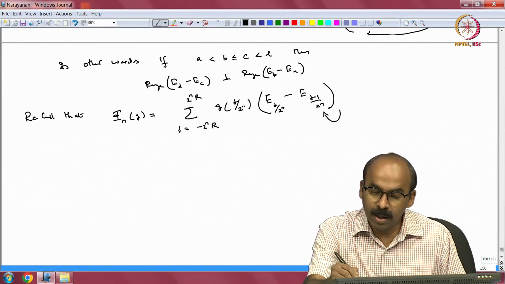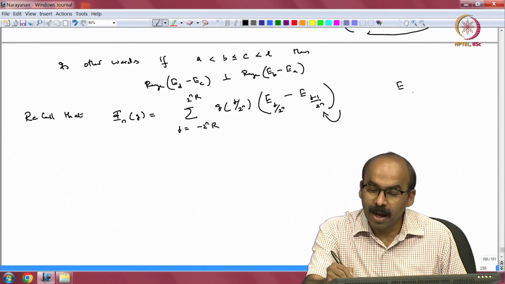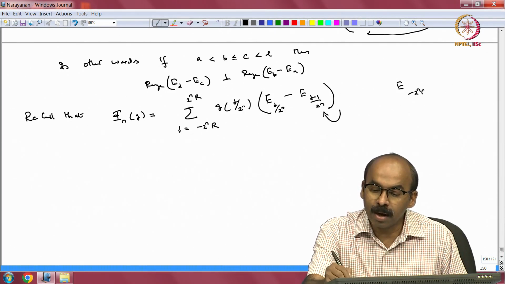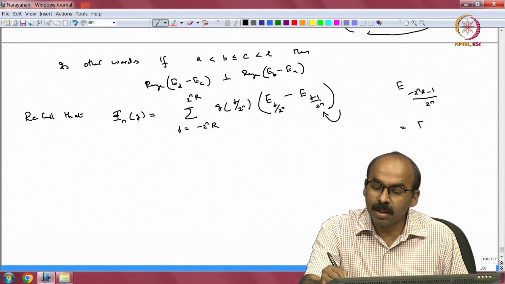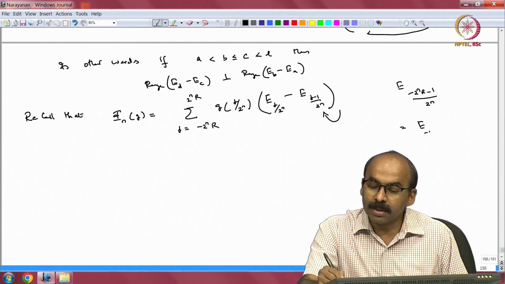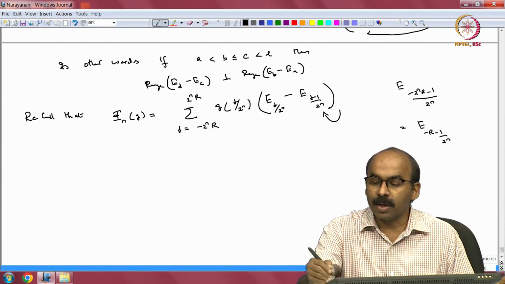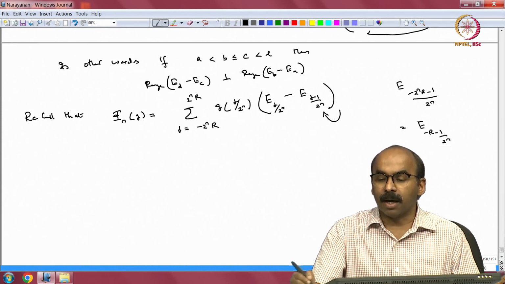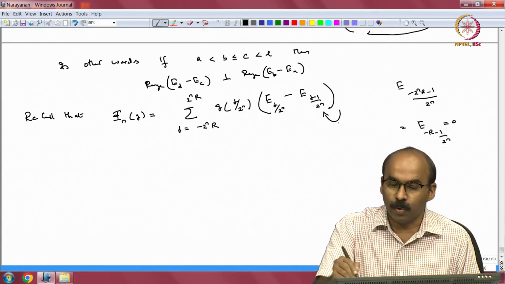So when j is −2^n r, I have E of −r − 1/2^n, and −r − 1/2^n is less than −r. So, this is 0. At the end point one projection is 0. Remember that.